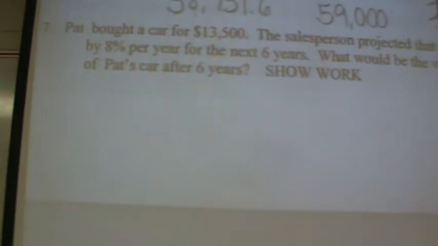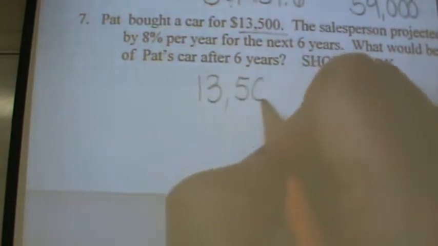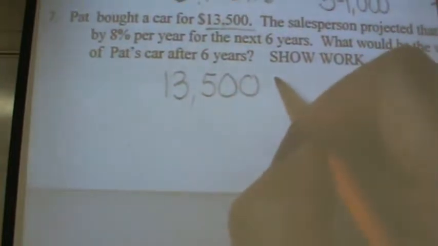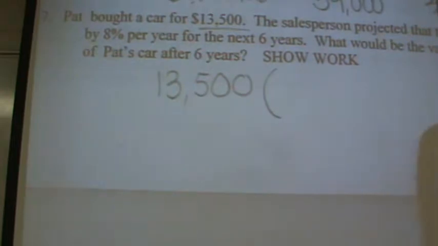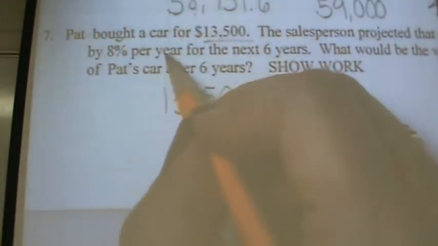Okay, number 7. Pat bought a car. The initial amount of the car was $13,500. And everyone knows that cars, for the most part, depreciate in value. The salesperson is saying that the value of the car would decline, so that's going down, that's decay, by 8% every year.